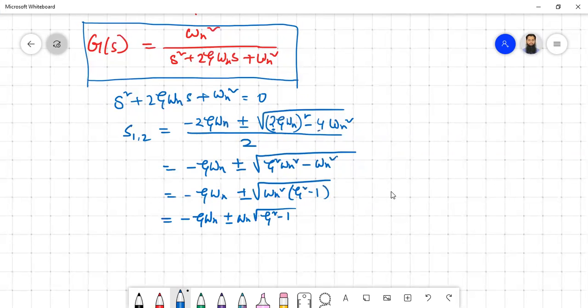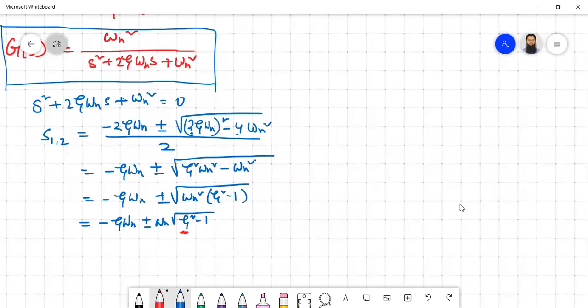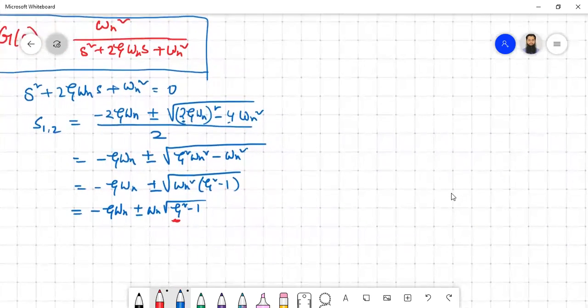Pole location is a contribution specifically because of the value of zeta, because depending on the value of zeta, we can have all the 4 conditions required for the second order systems, for different types of response. So let us try to relate those and see how they behave.